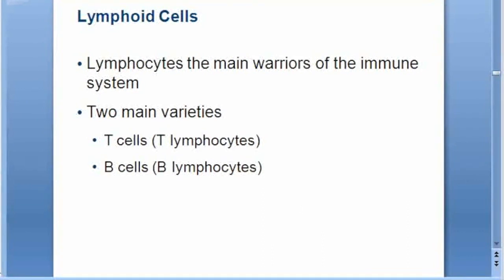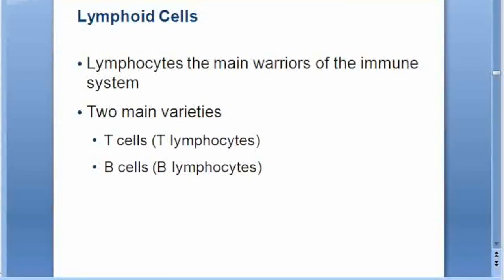We have seen lymphocytes under a slide. We know they have a big, huge, large nucleus. What we may not be aware of yet is there's a couple of different types. There's another type that we'll get more specific on when we get to the immune system itself. But the two generalized lymphocytes are called T cells and B cells, or T lymphocytes and B lymphocytes. They look the same.